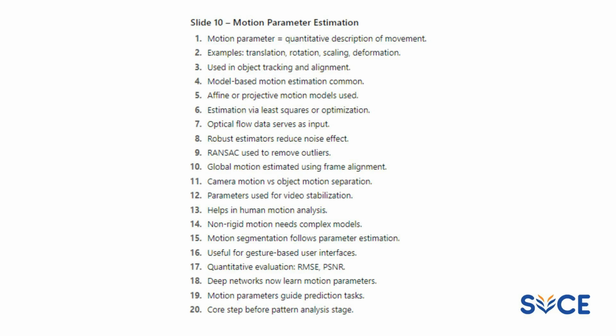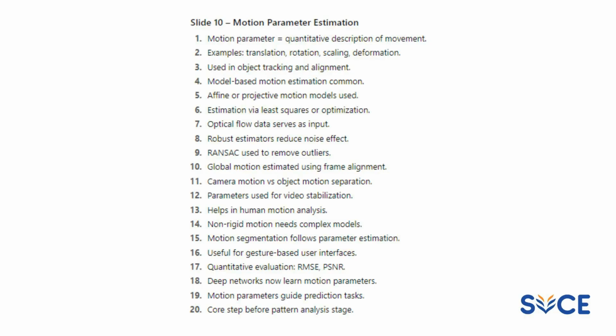The key insight I can give is that motion parameter estimation allows computers to move beyond detecting the motions to understanding the dynamics of moving objects, which is critical for robotics, autonomous systems, and human activity analysis.